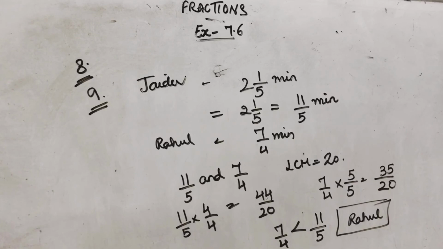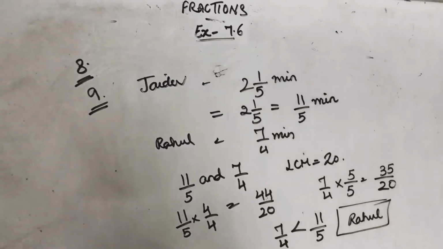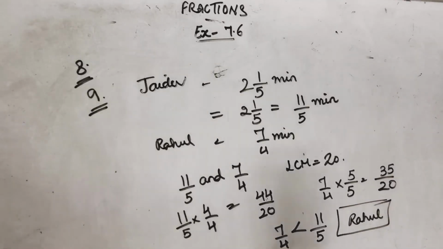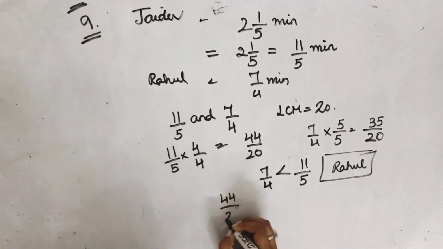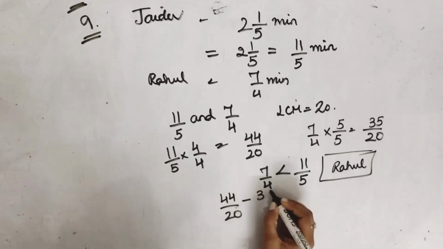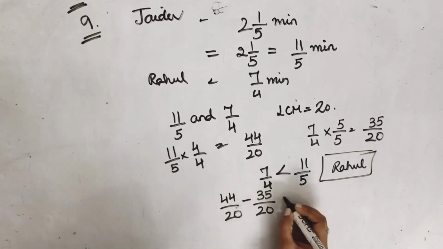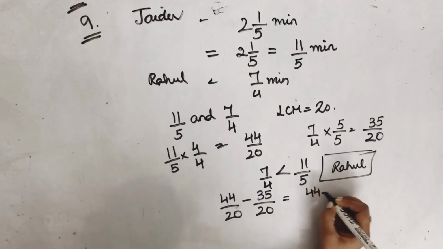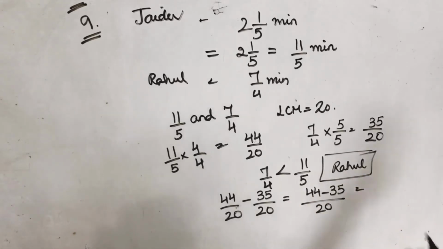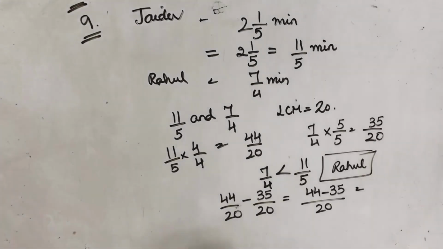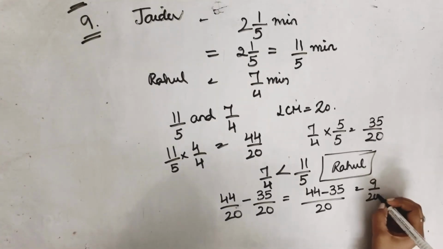Now you have to tell by how much time. How much के लिए what you have to do is you have to subtract both the fractions. So 44 by 20 minus 35 by 20. It is equal to 44 minus 35 upon 20, which is equal to 9 upon 20.